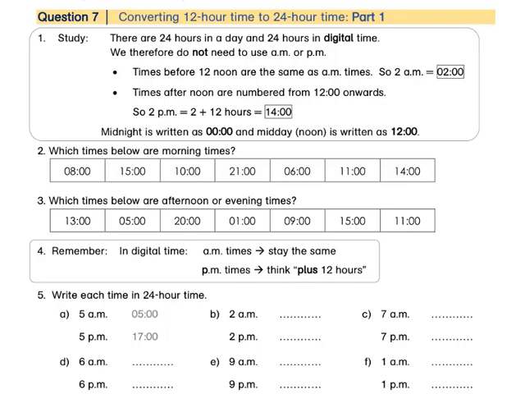However, in digital time, for the 2 hours there, we need to add the previous 12 hours of the day. So 2 plus 12 hours means that the digital time is 14:00. This means that by 2 o'clock in the afternoon, 14 hours of the day have passed.